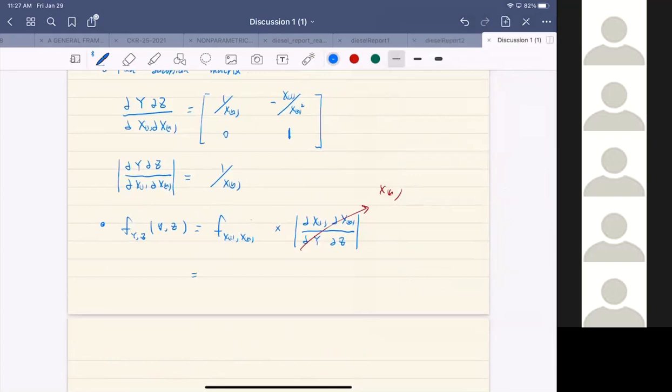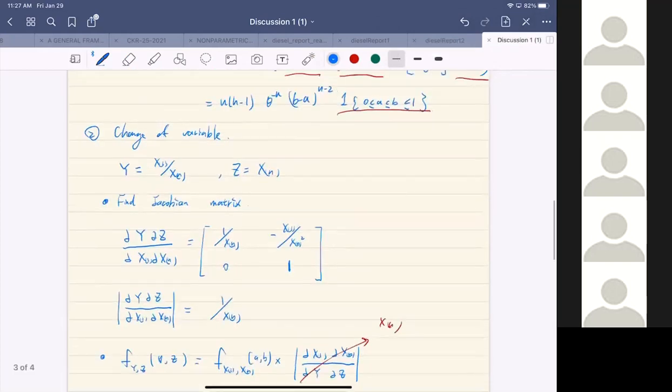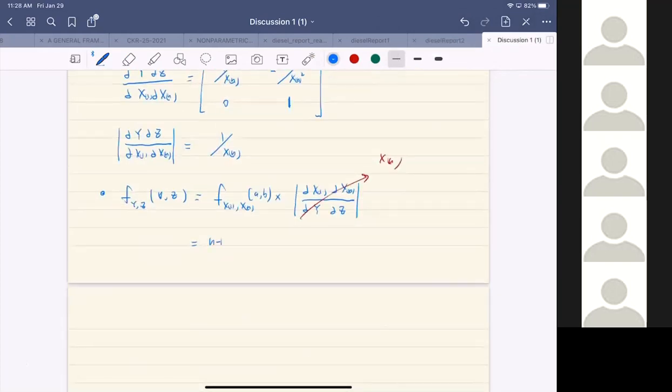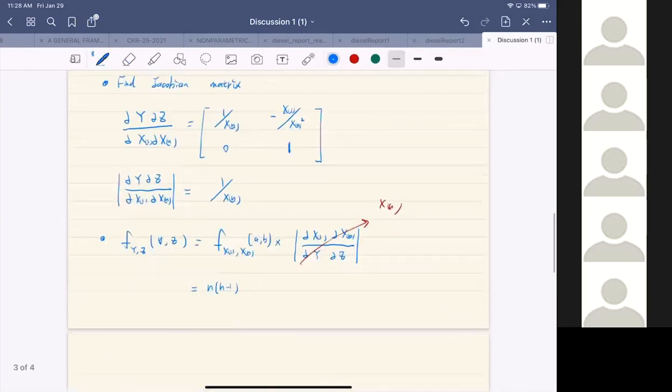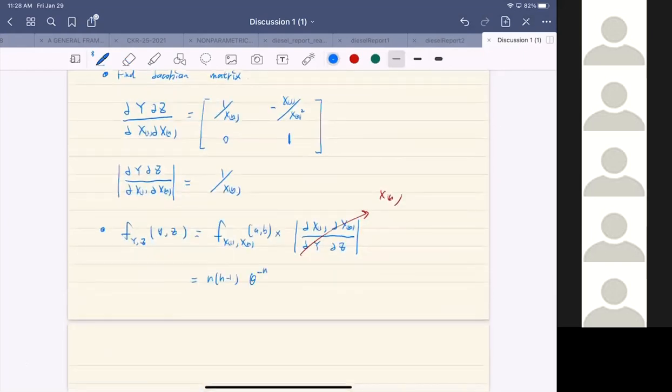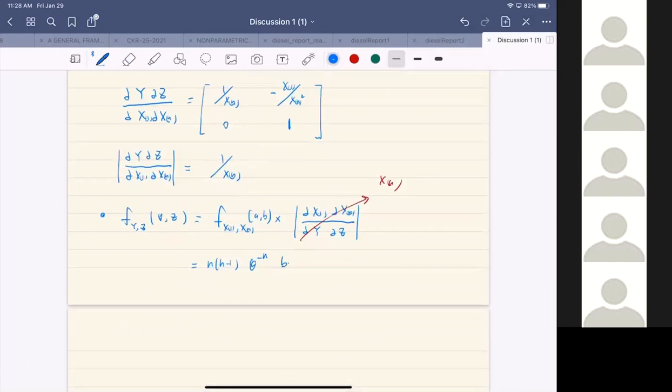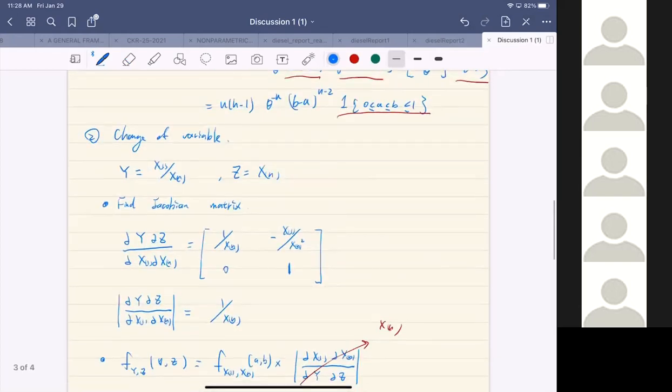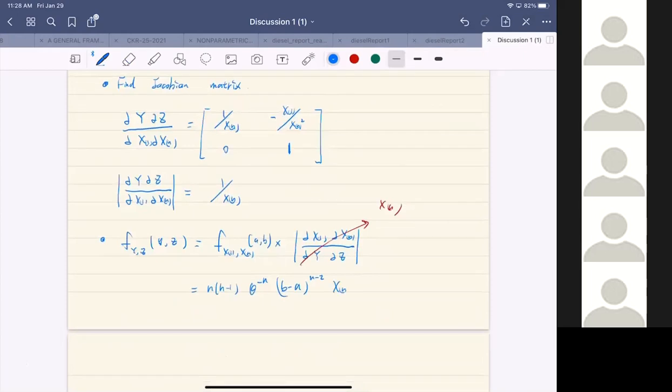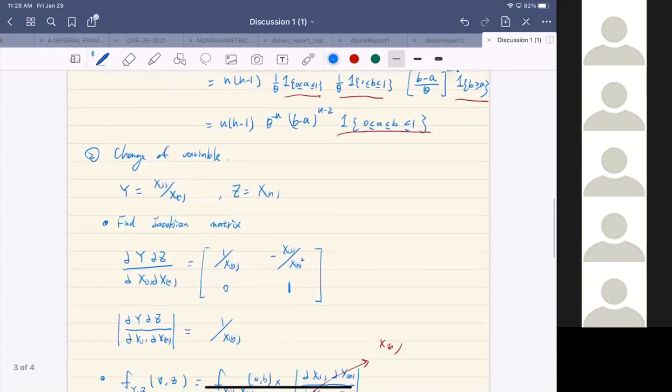So this should be n minus 1, n minus 1, theta to the negative power n, (b minus a) to the n minus 2, and we have our extra Sn, which is b, and the indicator function.